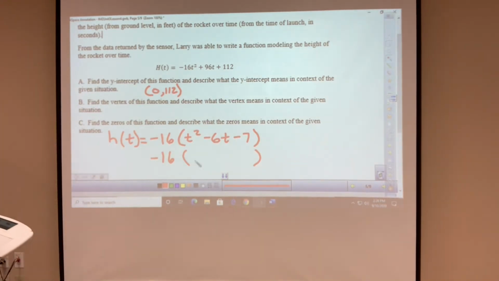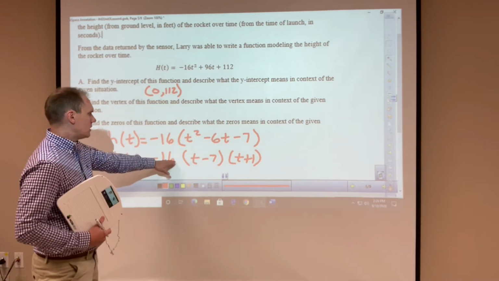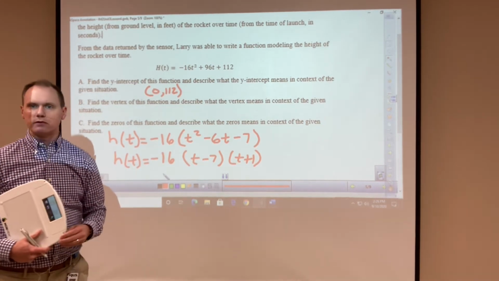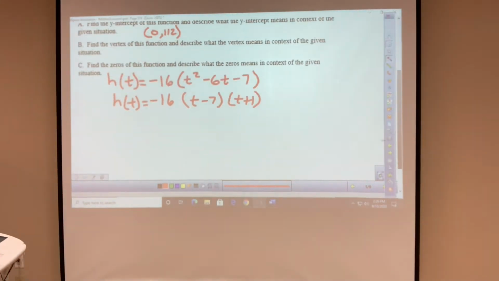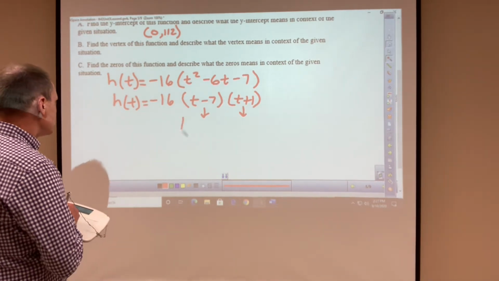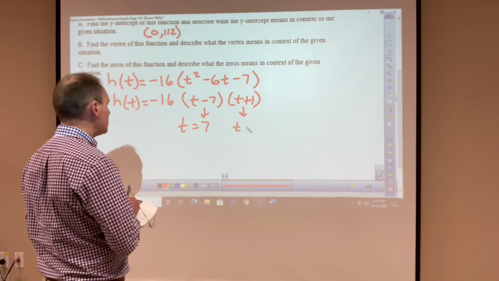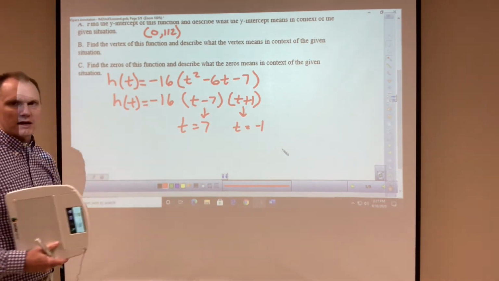Hopefully you're thinking negative 7 and positive 1. So we have h of t is equal to this in factored form. So we've converted it to factored form, which allows us to tell the x-intercepts. So what value makes this 0 and what value makes this 0, using that zero product property. So t equals 7 and t equals negative 1 makes that happen.